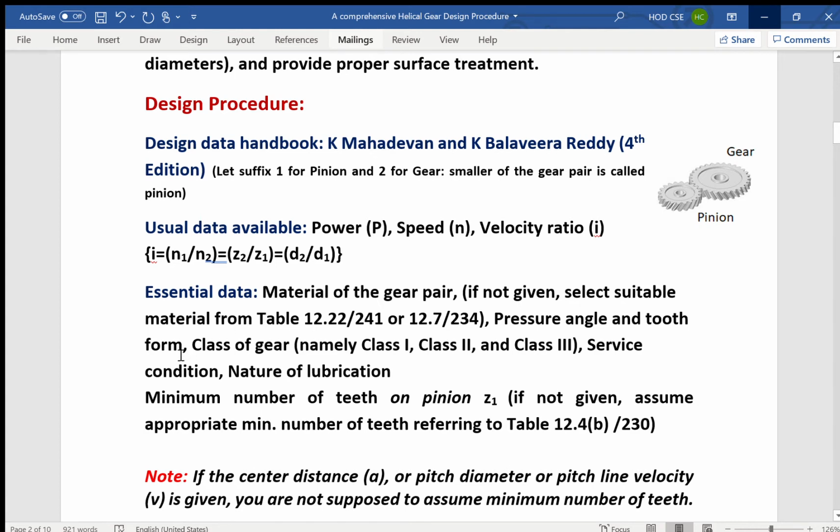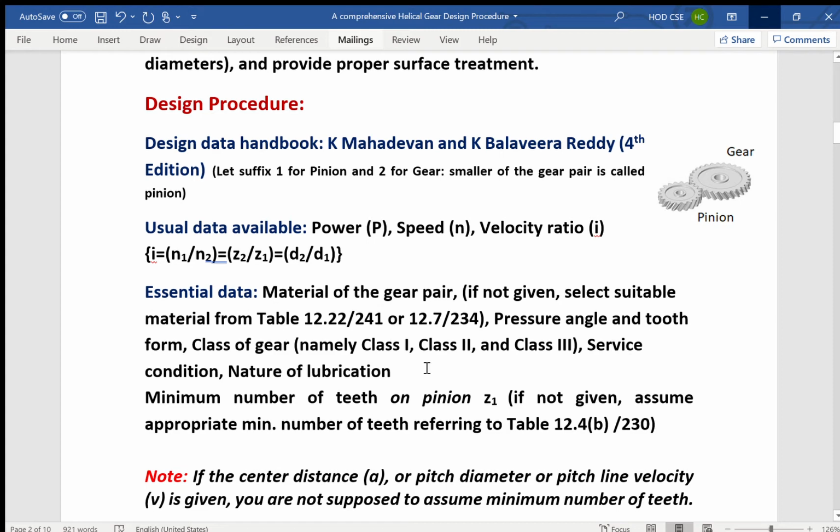And service condition for Cs, that is the service factor, and the nature of lubrication are required to obtain the wear and lubrication factor Cw.